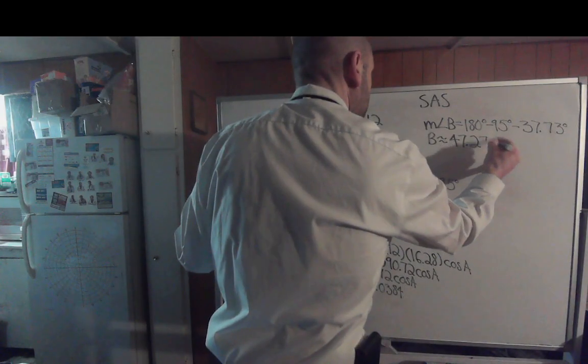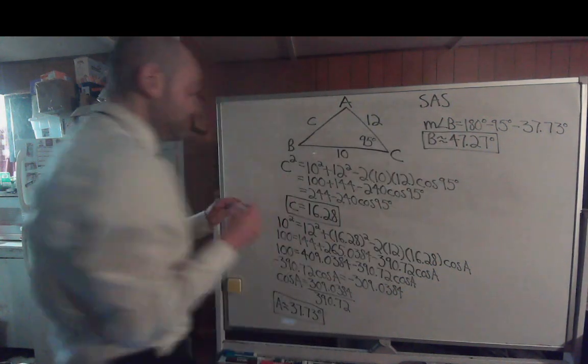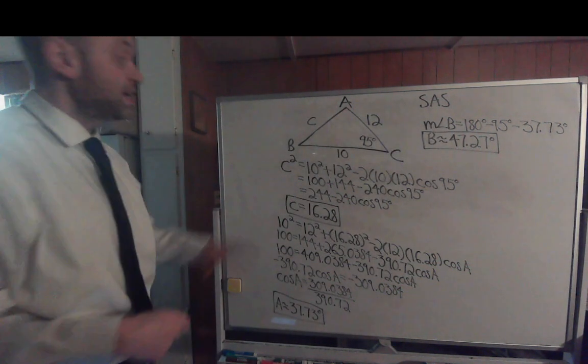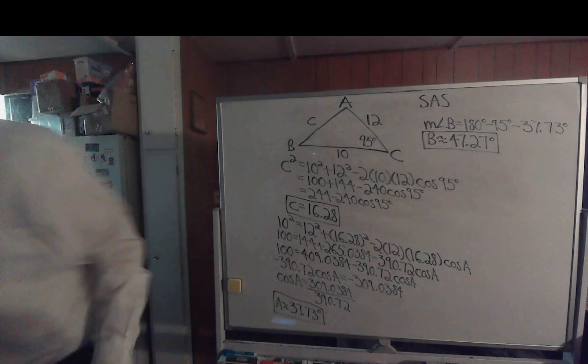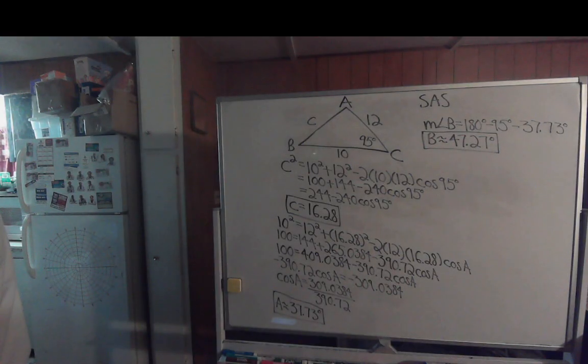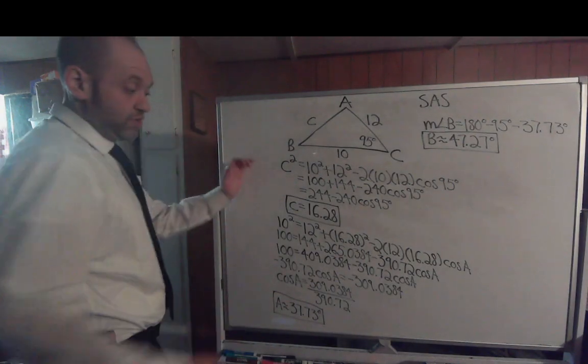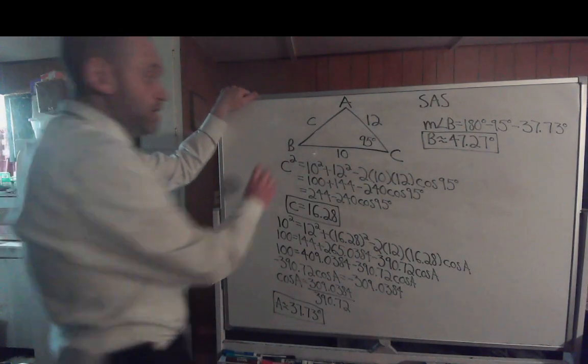So angle B would be approximately equal to 47.27 degrees. And again, these are all ballpark estimates. They're not exact because it's kind of impossible to get it exactly, but as long as you're in the ballpark, you know you got it right.